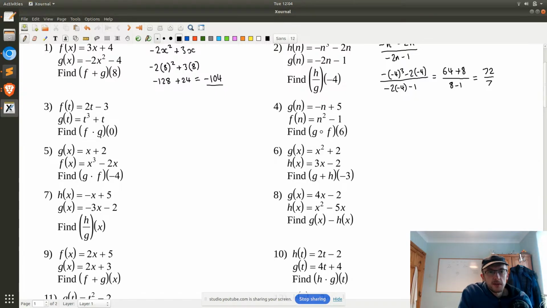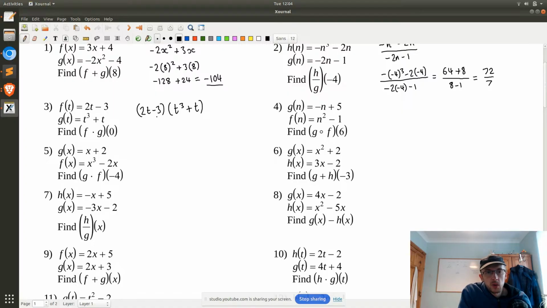This is just function multiplication. So multiply one function by the other. Multiply function f by function g. So 2t take 3, multiply by t cubed plus t.